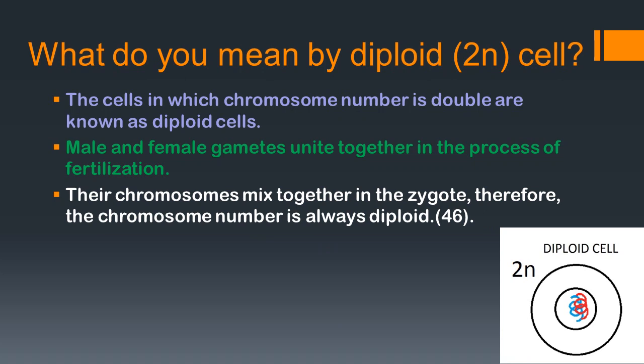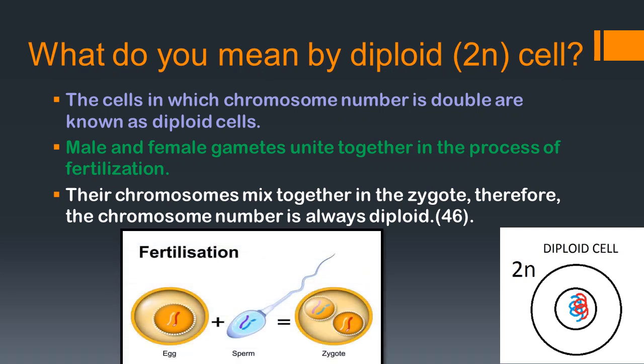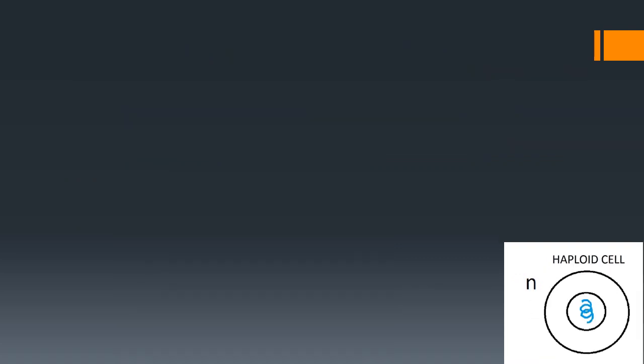So in haploid, 23 chromosomes are there, and in a diploid cell like the zygote, 46 chromosomes are there. You can observe the fertilization, where the egg cell and sperm cell unite together to form a diploid zygote containing 46 chromosomes.